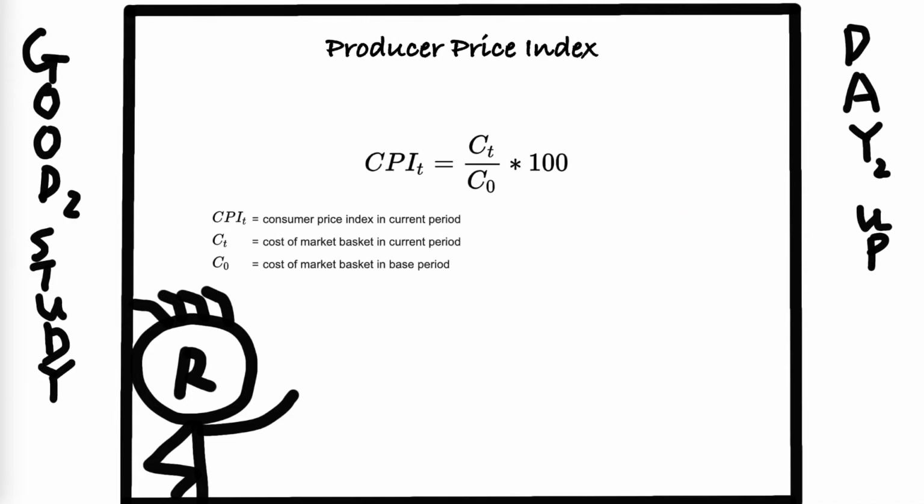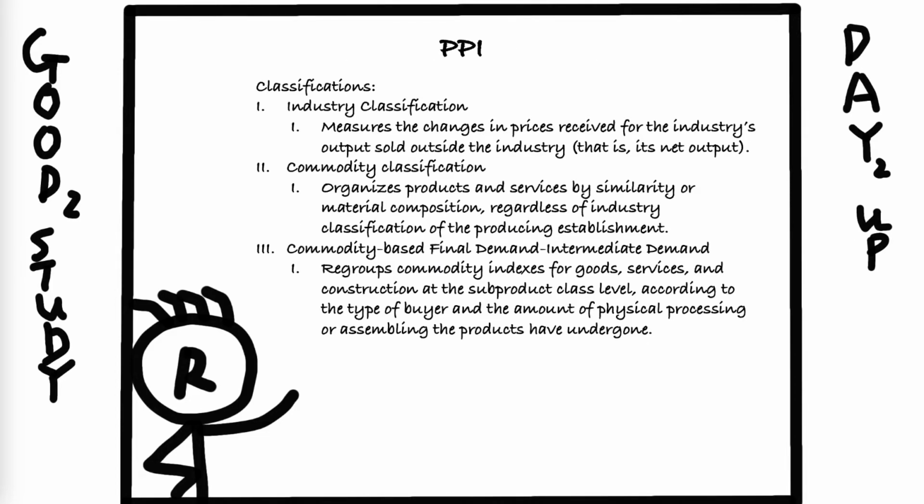Next, let's talk about PPI. The PPI formula is the same as CPI, but with a different basket of goods. There are three ways to classify the goods included in the basket. The first one is industry classification.